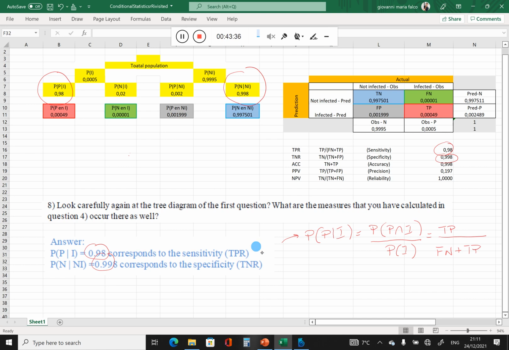So you see that it is basically exactly the same, only derived in two different ways.